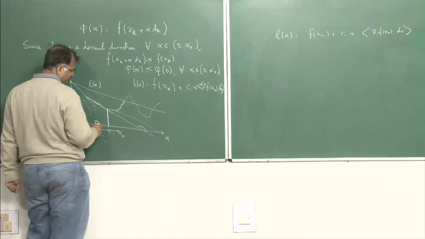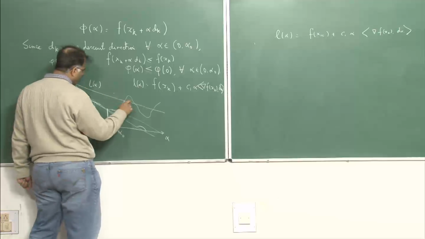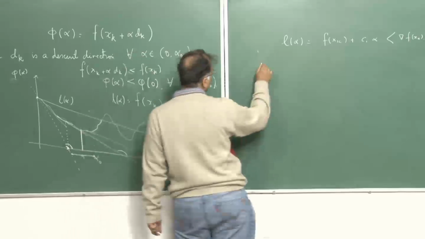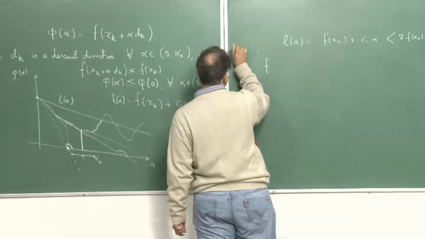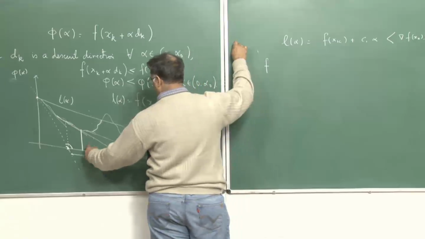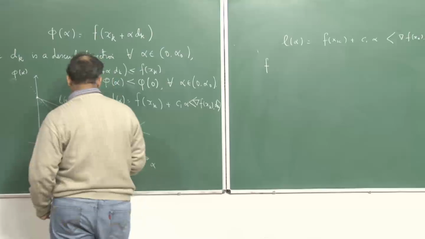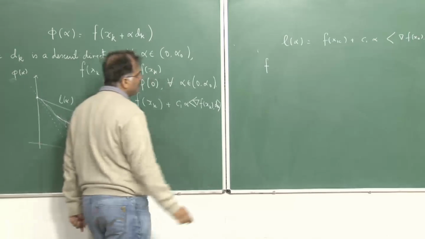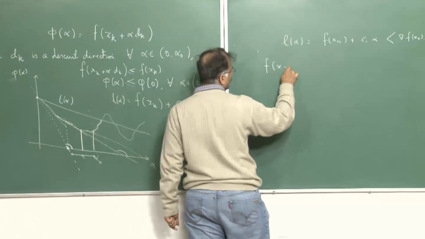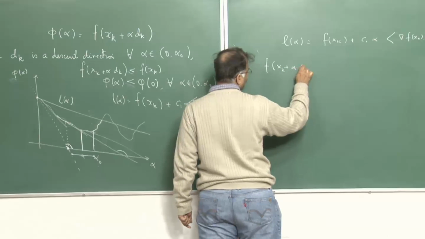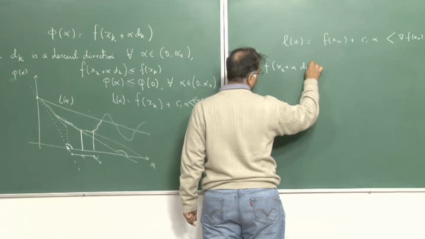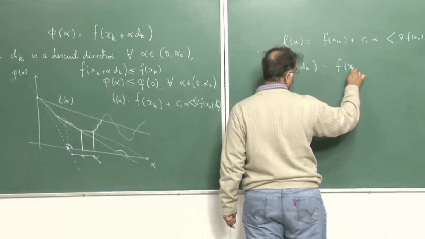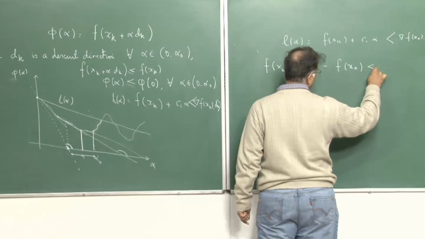So basically, this line L alpha at the very beginning, I can always have an alpha. So till alpha naught the function values are decreasing. So f of xk plus alpha dk minus f of xk is strictly less than 0.